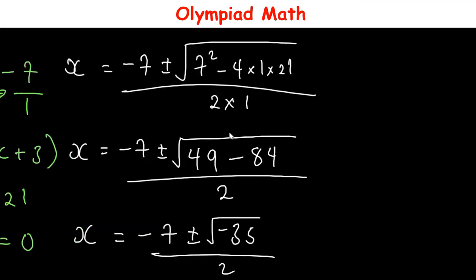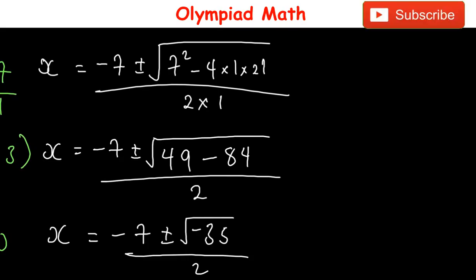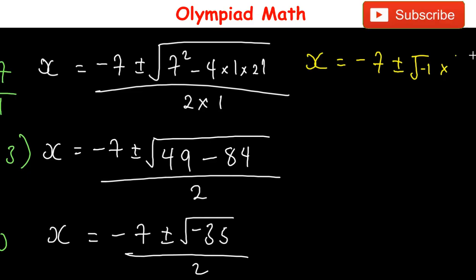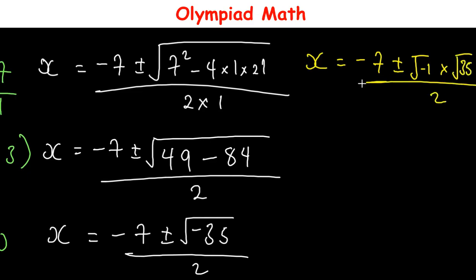So this can then be written as x is equal to minus 7 plus or minus, we can write root minus 35 as root minus 1 times root 35, divided by 2.